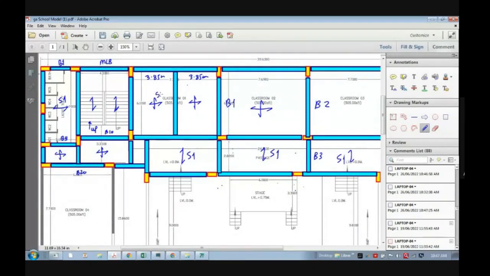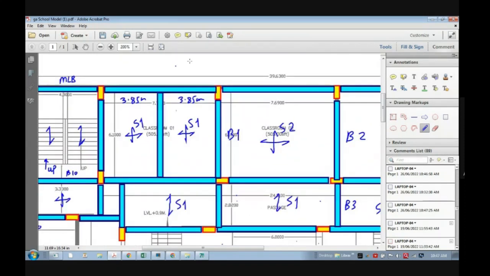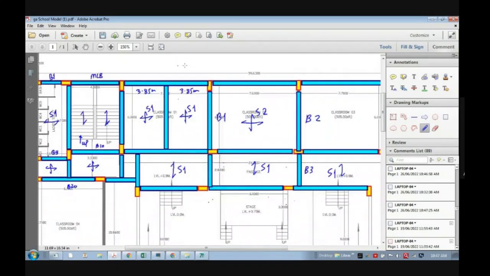If I provide this slab S1, let's say, and let's say you are taking this decision also, bigger spans. Now what will be the size, thickness of this slab? S1 का कितना रहेगा? 3.85. So if you don't know how to get this, if you want to design slab, what data you require, or how will you design?